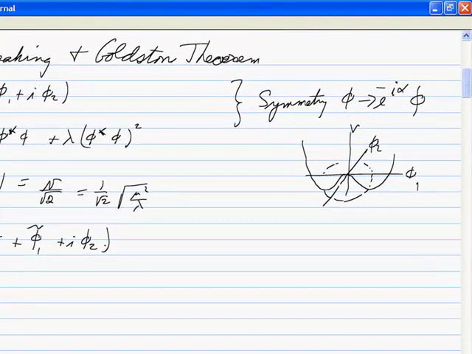Okay, I've chosen it in the real direction so phi 2 doesn't change its definition, but just like we did above, I've taken phi 1 and expanded it as v plus phi 1 twiddle. So you can see that if I just set phi 2 equal to 0, this is exactly the same problem we had before. And so I can write out all those terms without any more work. But then there's the phi 2 pieces also.